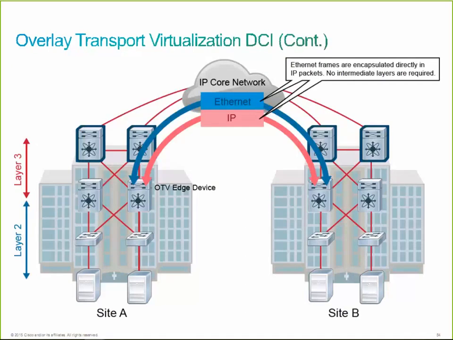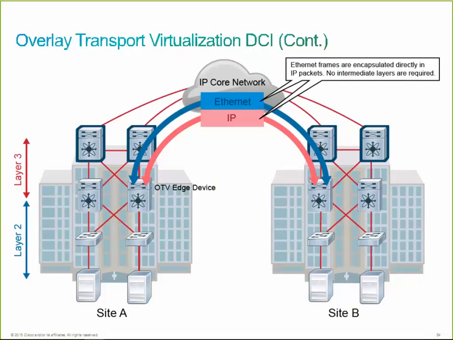So what OTV does is it introduces the concept of dynamic encapsulation for our layer 2 flows that need to be sent between our locations, right? Every Ethernet frame, layer 2 data, that we have to generate between our locations gets individually encapsulated into an IP packet. And then it gets delivered across the transport network.